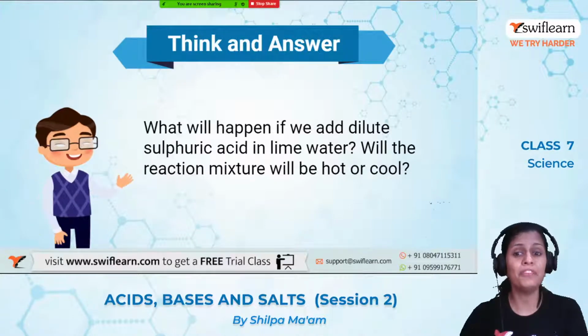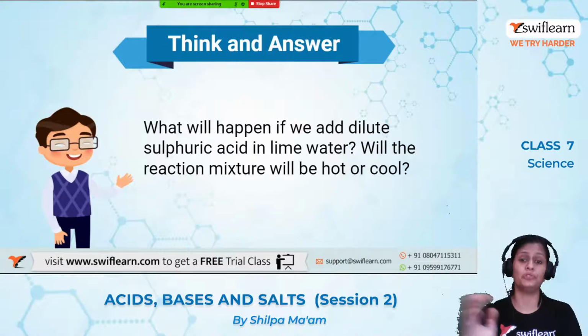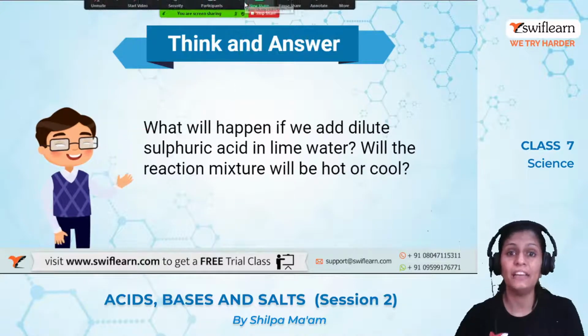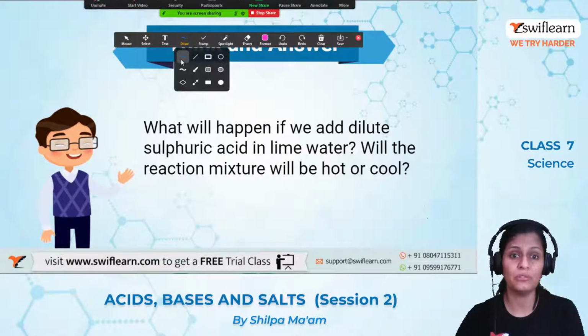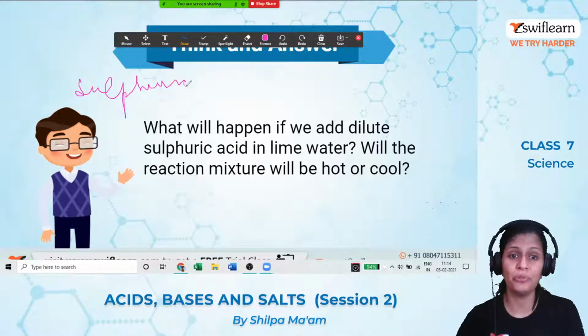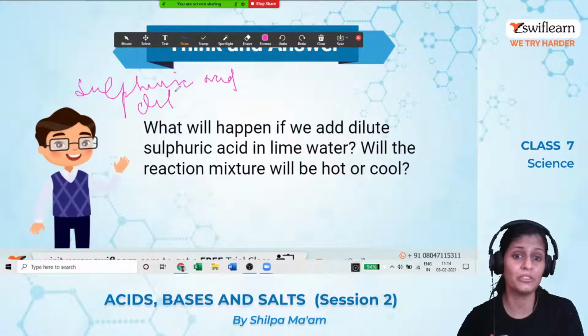What will happen if we add dilute sulfuric acid to lime water? Will the reaction be hot or cool? I leave it to you to answer. If we add dilute sulfuric acid to lime water, mind it, this sulfuric acid is dilute in nature, it is not very strong.